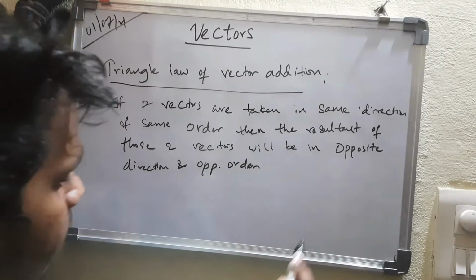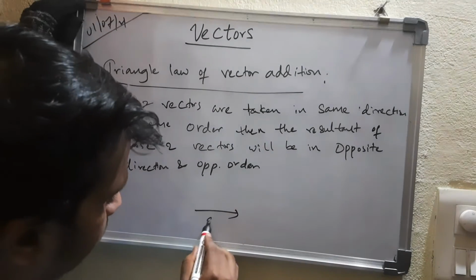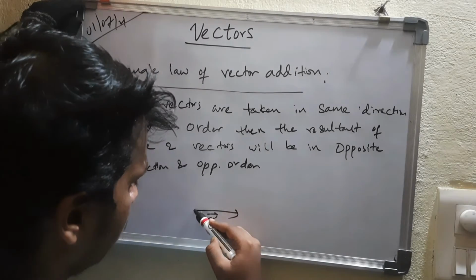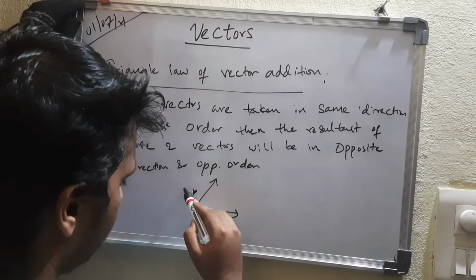I'll explain this. Let us consider vector A and vector B. Okay, these are two vectors.